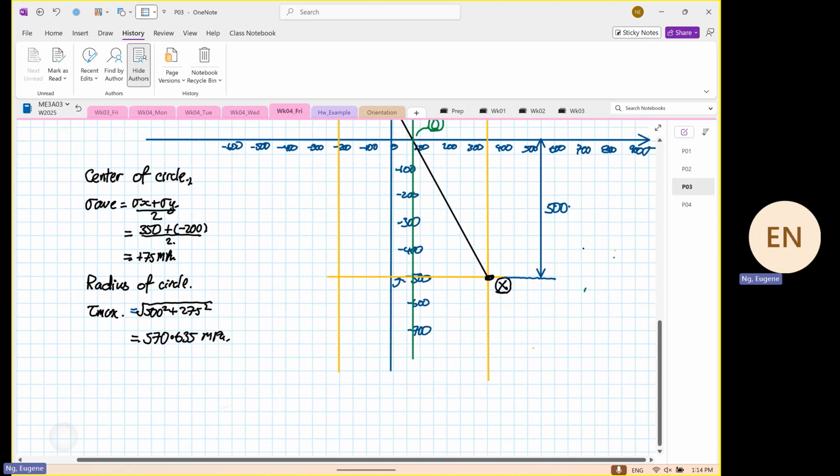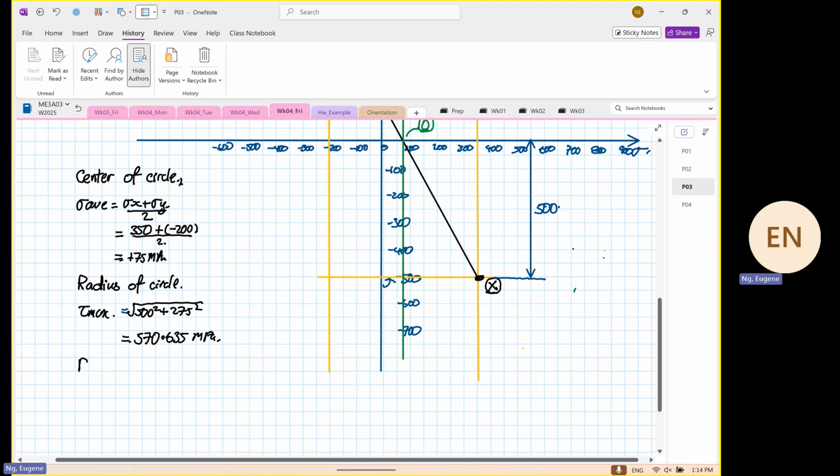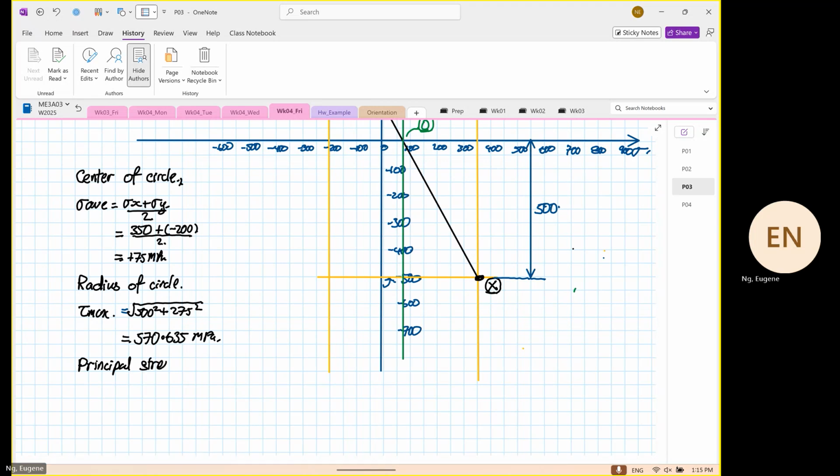Once you know all these values, you can calculate your principal stress.